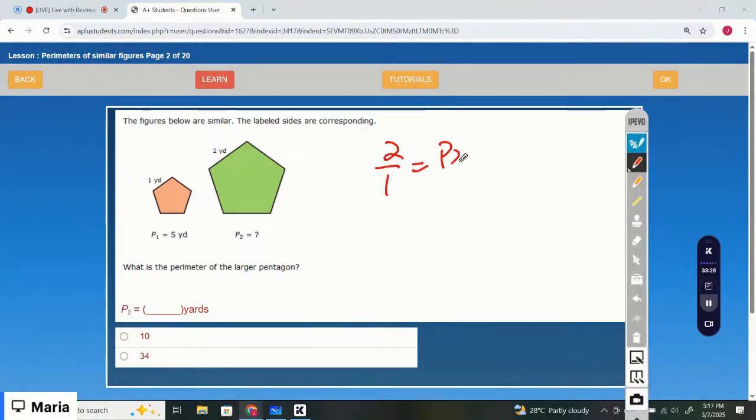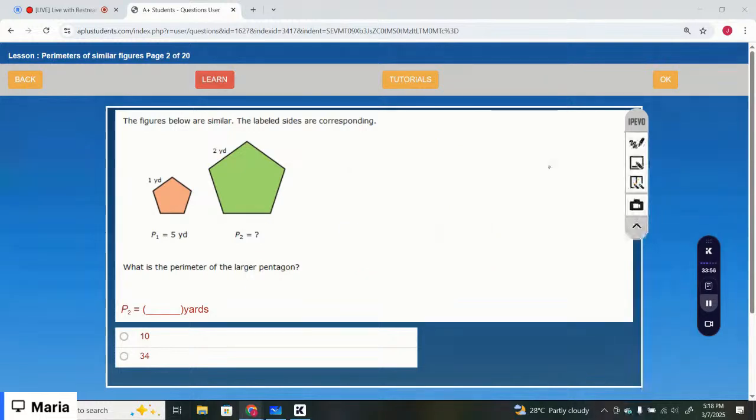That equals P2 divided by 5. So P2 equals 2 times 5. So P2 equals 10. The correct option is option number 1. That is 10. Option number 1 is the correct option.